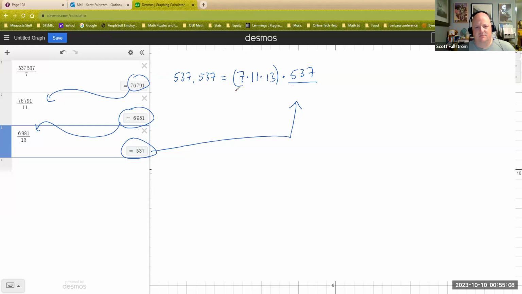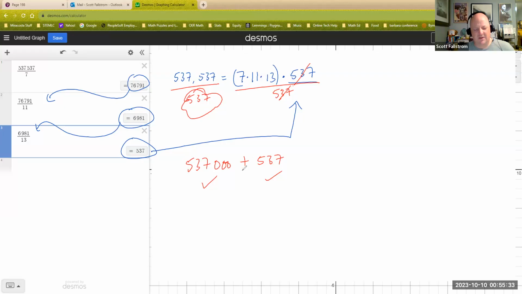So if I divide this entire side by 537 and divide this entire side by 537, the 537's over here, one's multiplied, one's divided, that cancels out. Over here on the other side, how would I rectify this? This is really 537,000 plus 537. And we notice 537 divides both of those.